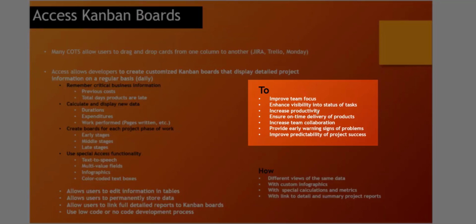The purpose of Kanbans is to improve the team's focus on the project. And what we do in proposals is to assign work to anywhere from 5 to 50 different people.